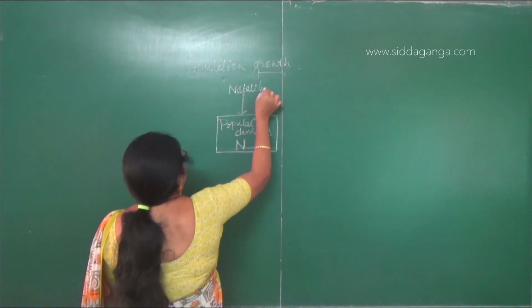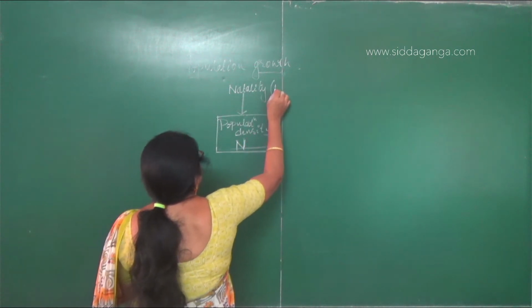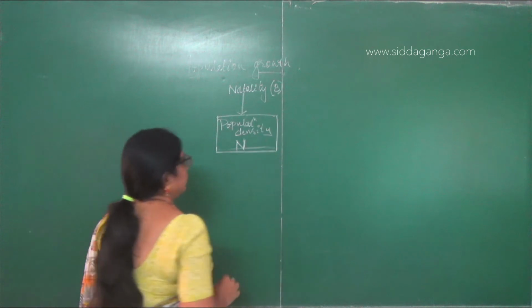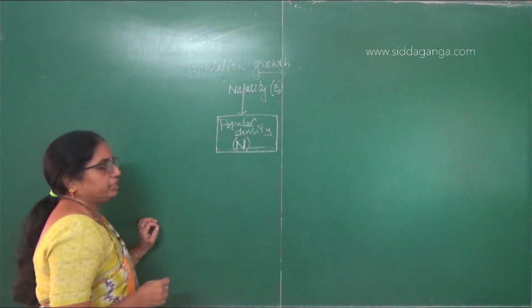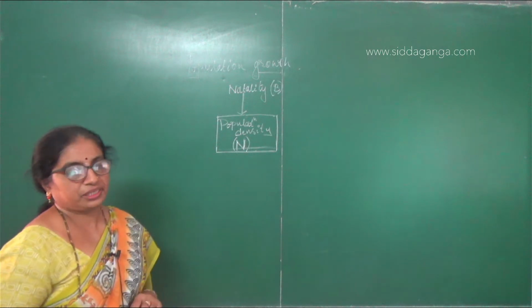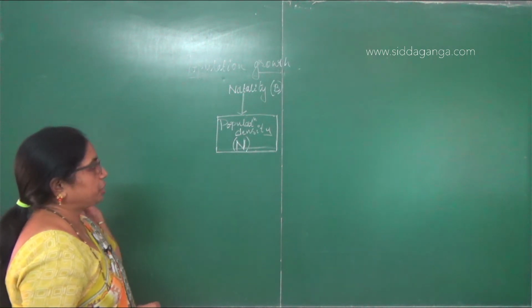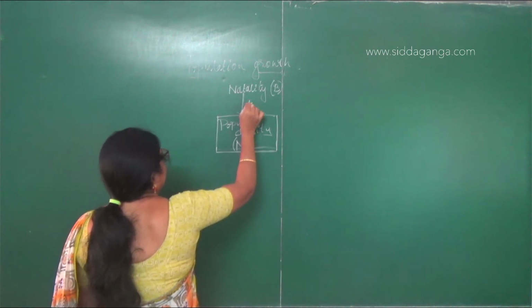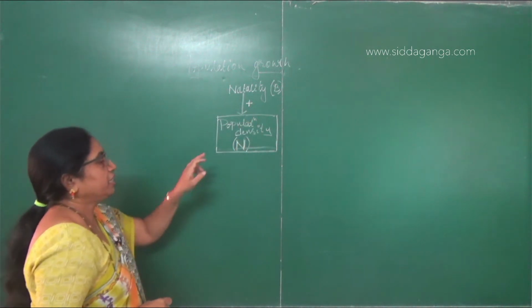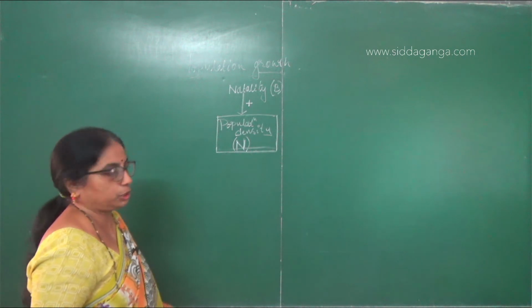Because natality is birth rate, let us represent natality by the letter B. Population density is denoted by the letter N and natality is represented by the alphabet B. So natality will add individuals to the population density. Therefore, I am writing a plus mark.